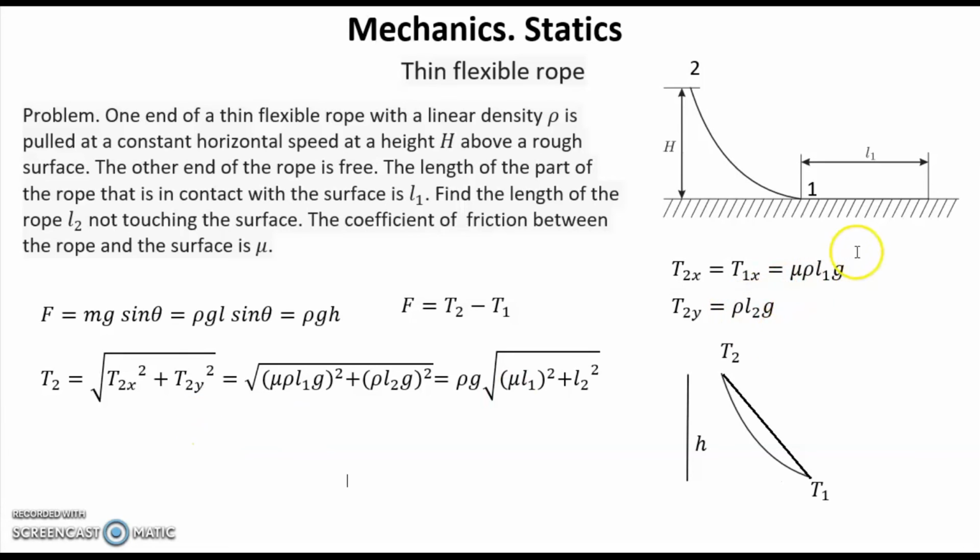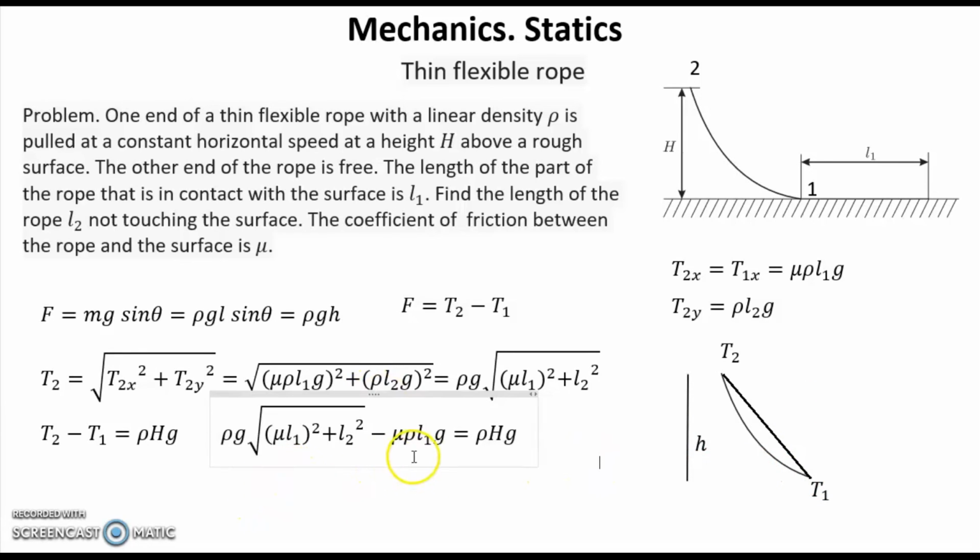That's this one. We can substitute these parts and get this expression for T2. And the last part is to write this difference, T2 minus T1, that's equal to rho hg, which we found from this picture. And now we can write this equation that T2 minus T1 equal rho gh.